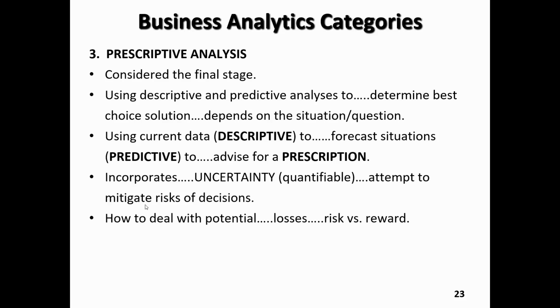And so this provides the decision makers of a business, as an example, to deal with potential losses in making a risk versus reward decision on how to move forward in a particular situation, in a unit, or with the organization as a whole.